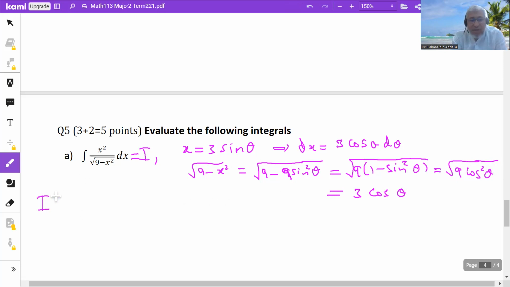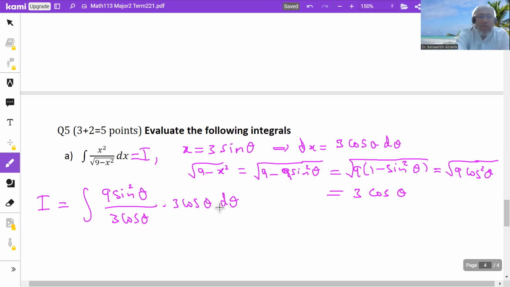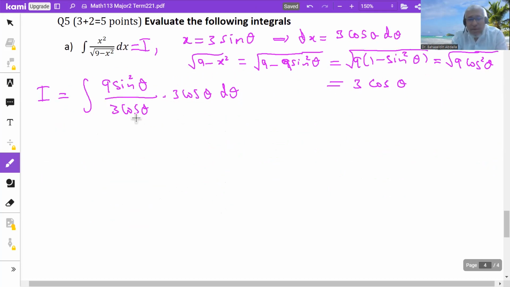So I can write integral I now: x squared is 9 sine squared theta, the root appears to be 3 cosine theta, and dx is 3 cosine theta d theta. I can cancel 3 cosine theta with 3 cosine theta, and I'll have 9 sine squared theta, and I can just take 9 outside because it's a constant.